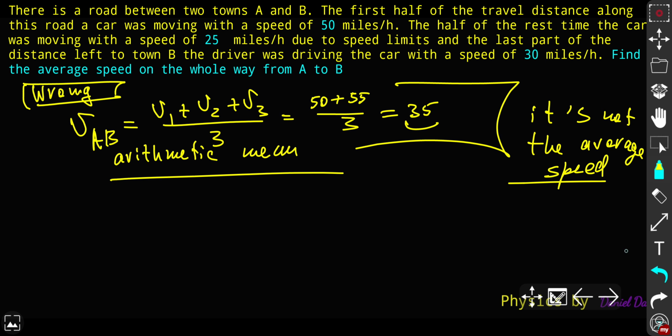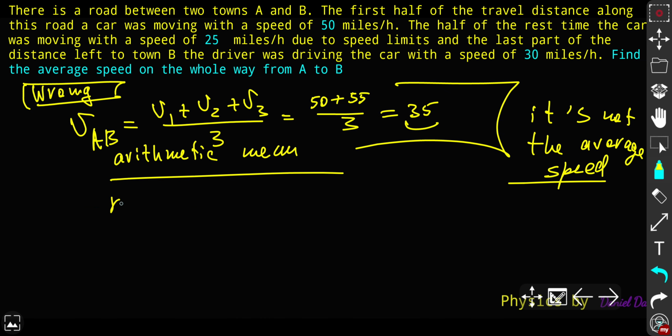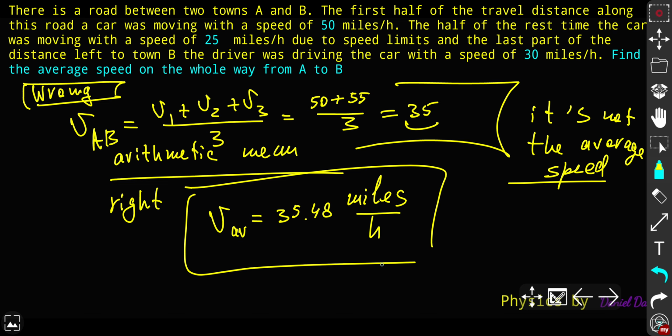So the final answer should be 35.48. So that's why the right average speed should be 35.48 miles per hour. You feel the difference now, and I hope you understand the way.